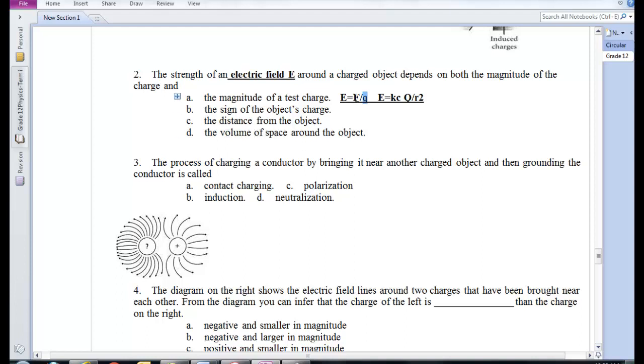Since he didn't mention the force, this means that it depends on the magnitude of the charge, which is Q, and the distance from the object.